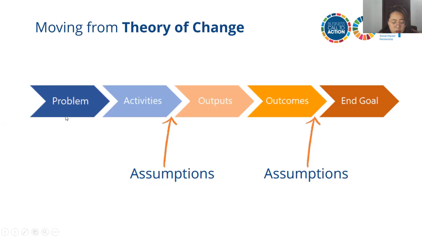So first, we have the problem or the constraints and our needs. Ang tanong dito is, you have to answer the question, what is the problem you are trying to solve? Again, you have to be specific about this, okay? Hindi pwede yung aggregated, okay, yung indicators nyo. So what is the problem you are trying to solve? Activities. You have to answer the question, what are the current actions?